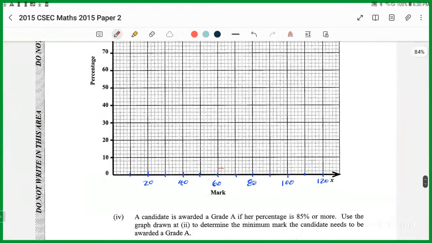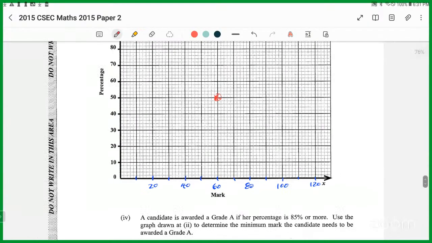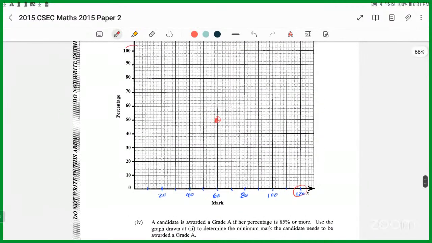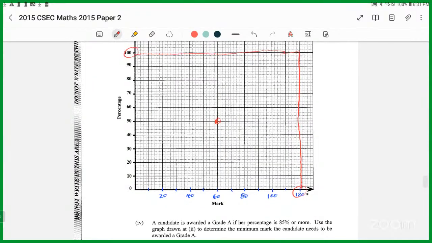And what did we say in terms of marks and percentage? 60 marks is 50%, meeting right here. So we're talking about right here is a point. And then 120 marks is 100%, meeting right here.